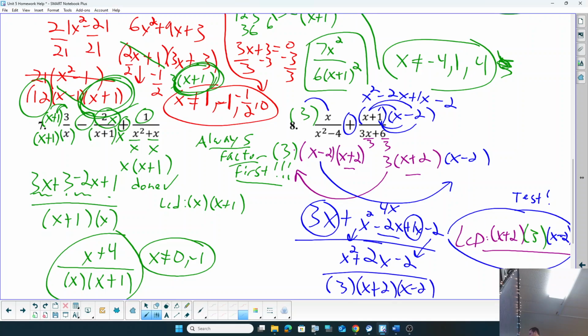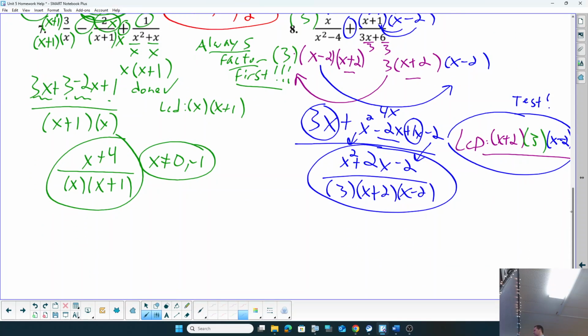Don't forget to list your restrictions. So x can't equal negative 2 and positive 2.